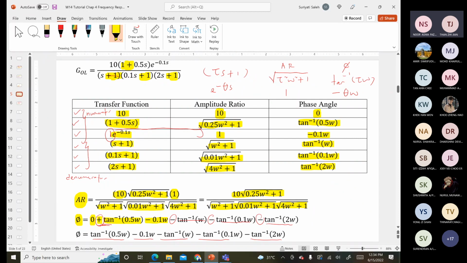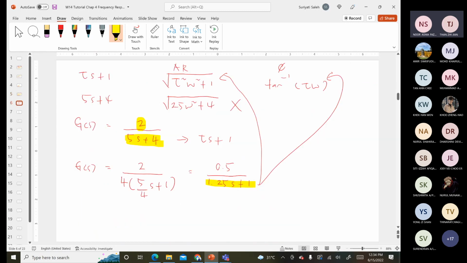So that is the good practice. Any further question? Okay, if there is no further question, then I proceed.